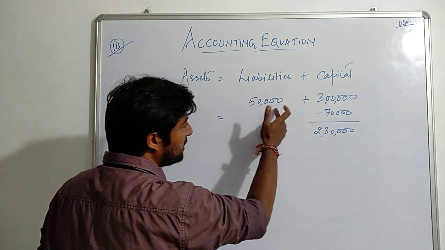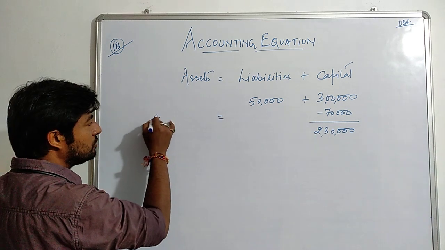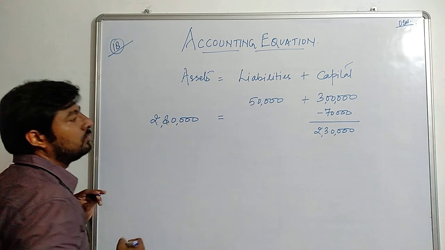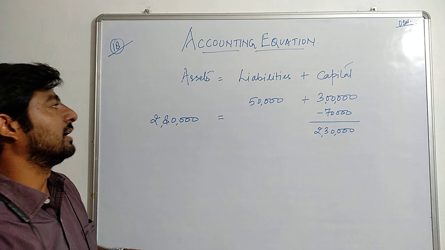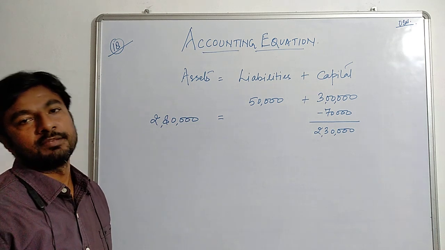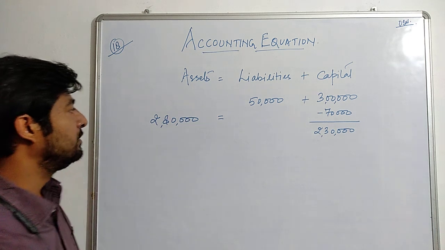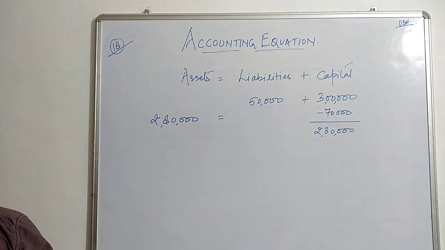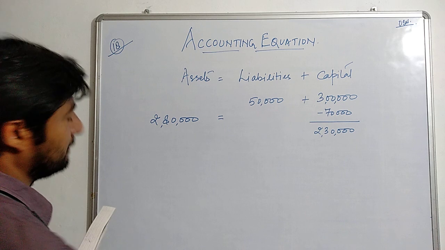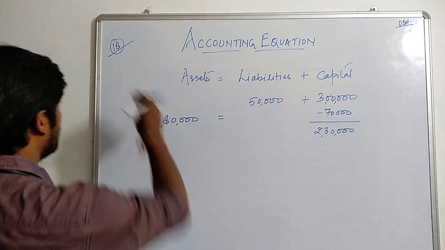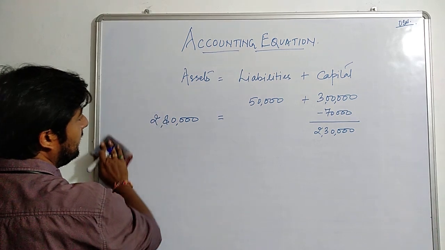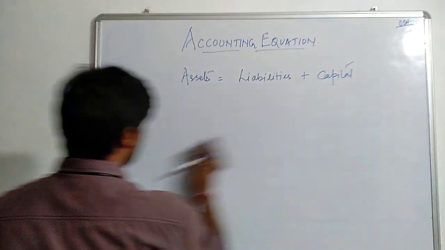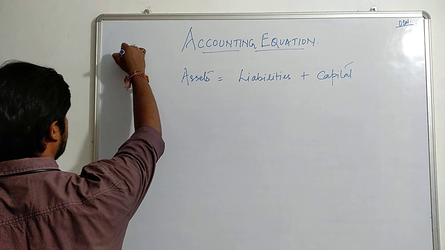So 230 plus 50 is equal to 2,80,000, which is our amount of total assets. Got the point? Hope this question is very simple and clear to all of you. Now we will see question number 19.